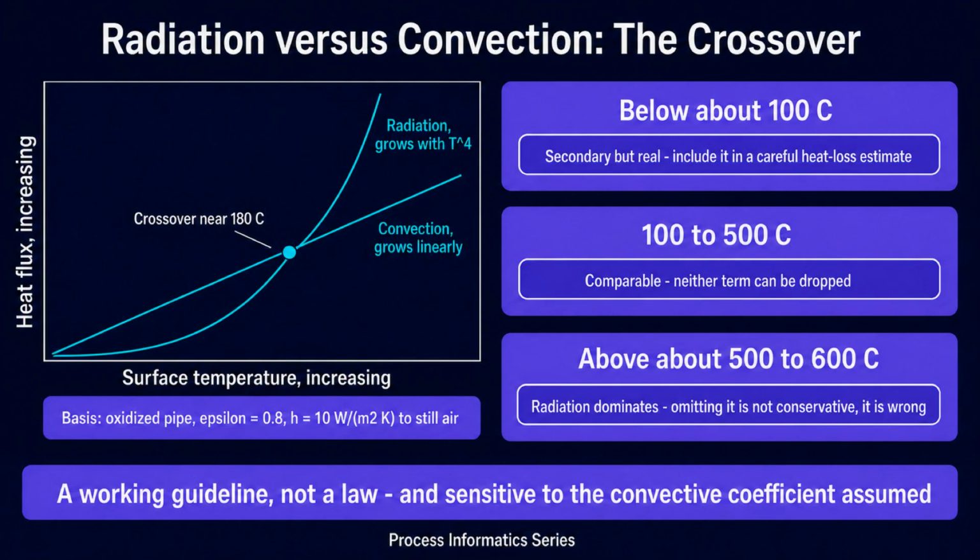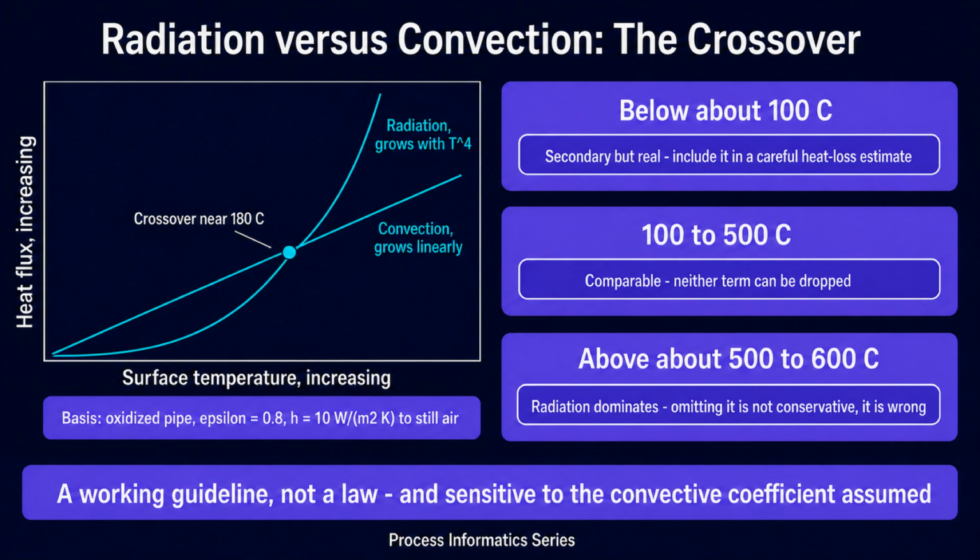Now locate the crossover. Take an oxidized pipe at emissivity 0.8 losing heat to surroundings at 25 degrees Celsius, and compare its radiation against a convective estimate using a heat transfer coefficient of 10 watts per square meter Kelvin, an order of magnitude figure for natural convection to still air. Convection grows linearly with the temperature difference. Radiation grows with the fourth power of absolute temperature, so it starts below convection and overtakes it.